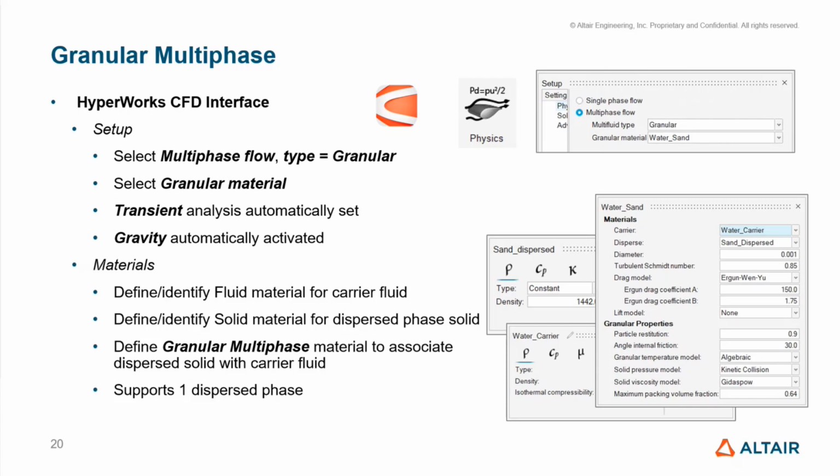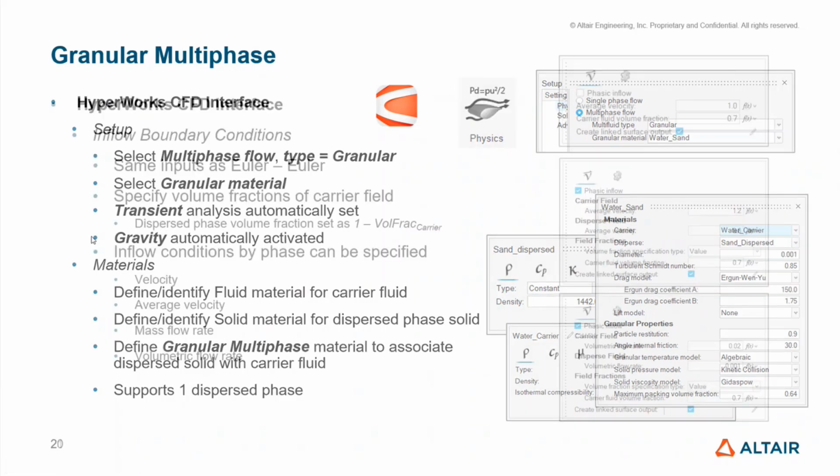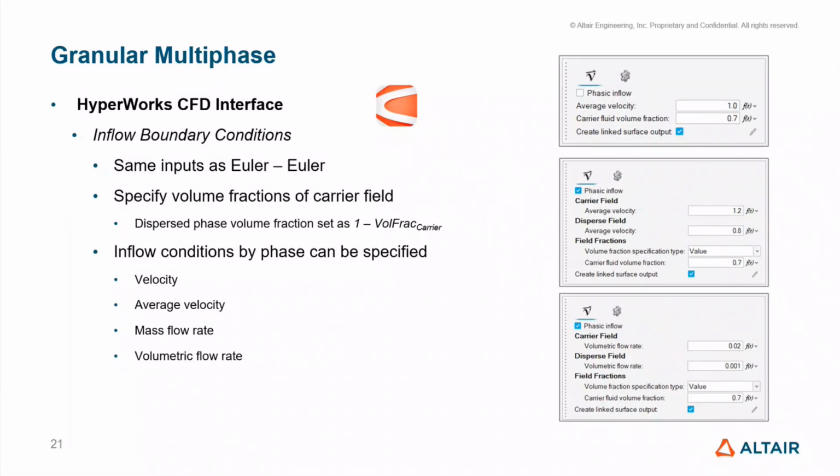When defining a new granular multiphase field, the granular properties section will automatically be shown. And as with Euler-Euler multiphase in HyperWorks CFD, currently only a dispersed granular field can be defined. Inflow conditions are specified in the same way as Euler-Euler multiphase.